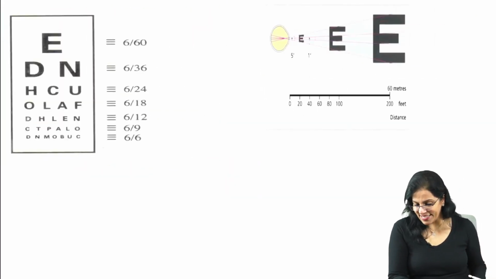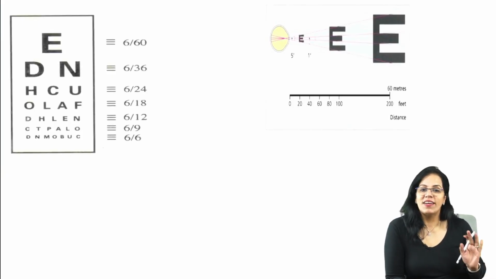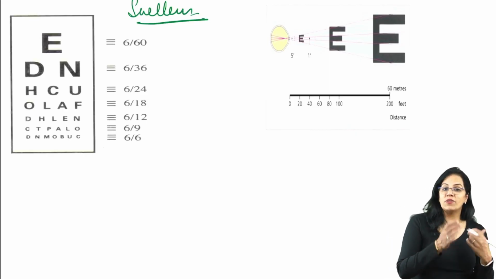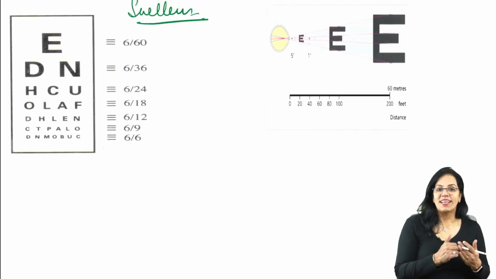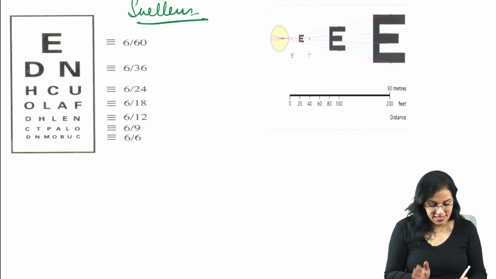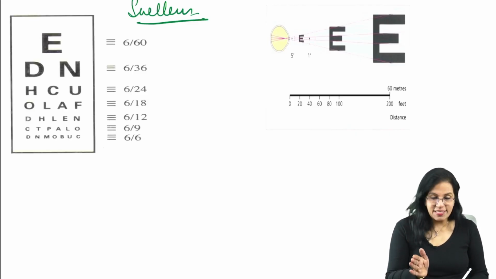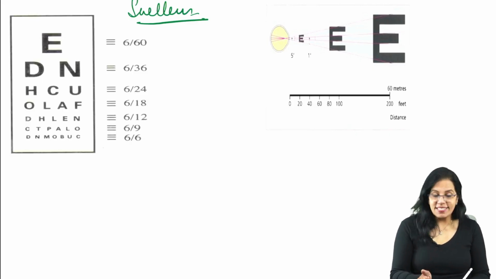What is this? Yes, they can ask you, what is this? This is your Snellen's acuity chart. Everybody is clear with the basics here? When you say 6 by 9, 6 by 12, what is normal? The denominator is normal. When I say 6 by 12, it means that a normal person can read this letter at 12 meters, which my patient is only reading at 6 meters.